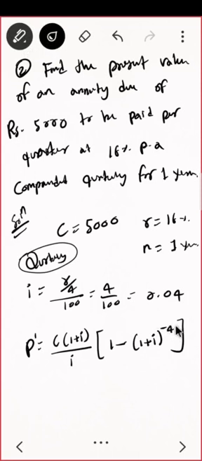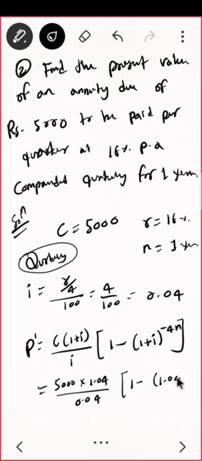So here 4n will be there, everything else is the same. Now put the values and get the answer. See, it is all based on the formula, you just need to know how to build the formula. Put the value, what will come? 5,000 multiply by 1.04 upon 0.04 and multiply by 1 minus 1.04 raised to minus 4.